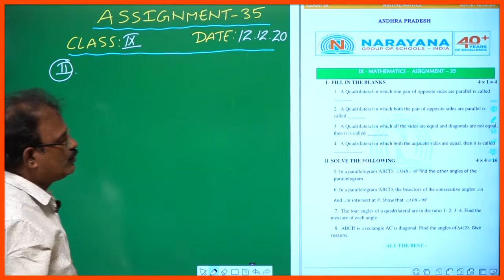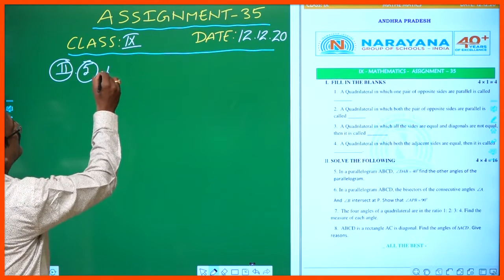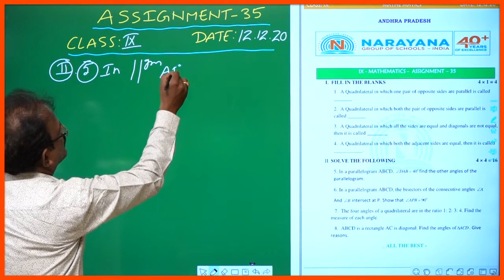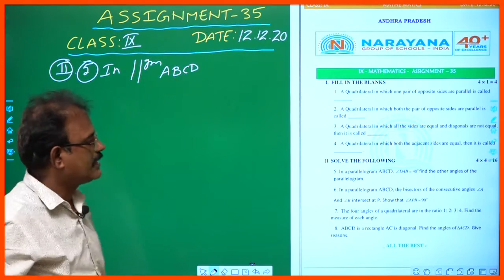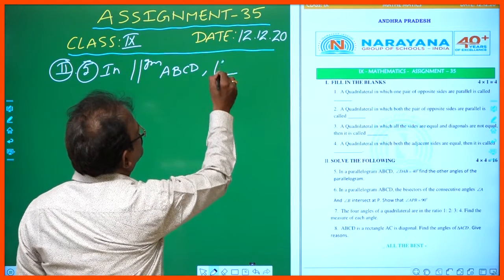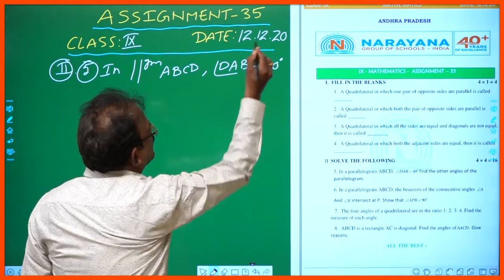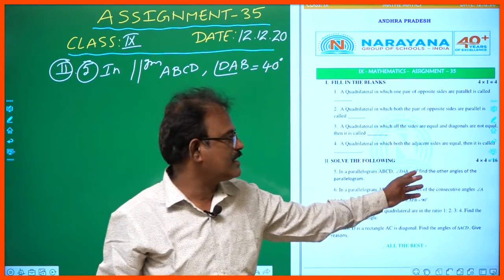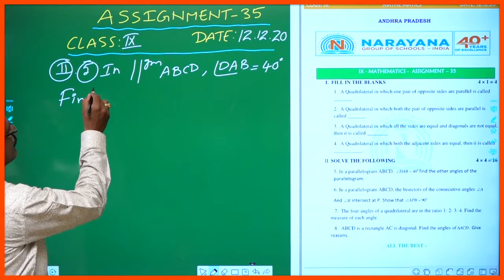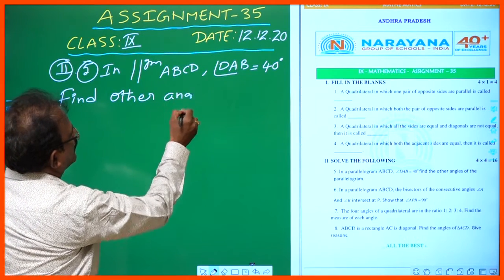Roman number 2, question number 5. In parallelogram ABCD, angle DAB is equal to 40 degrees. Find the other angles.